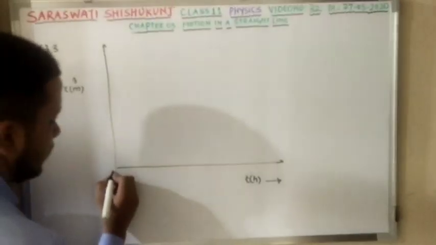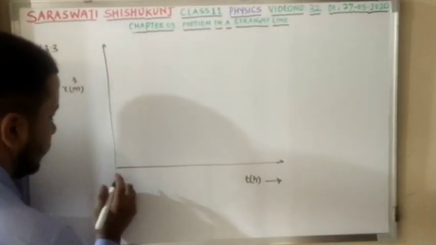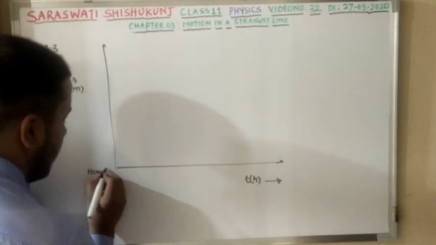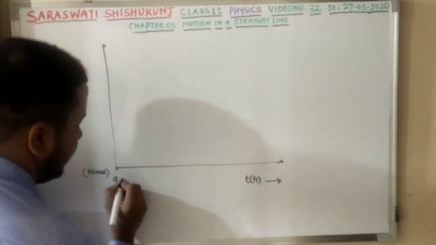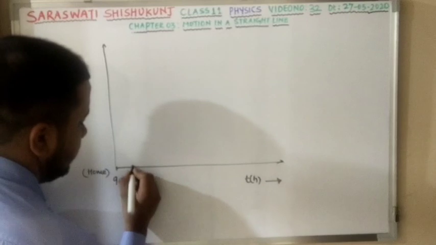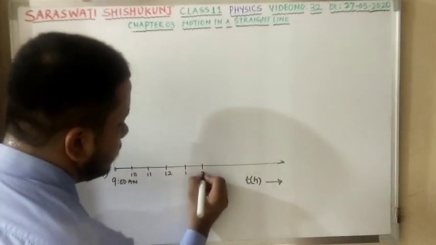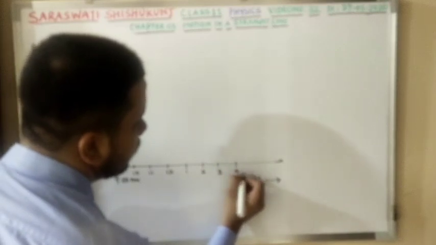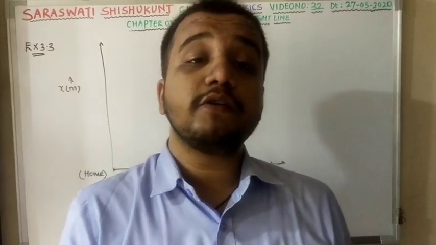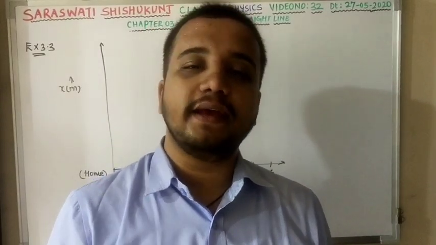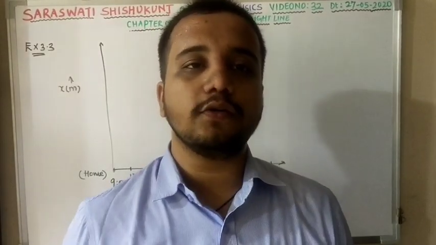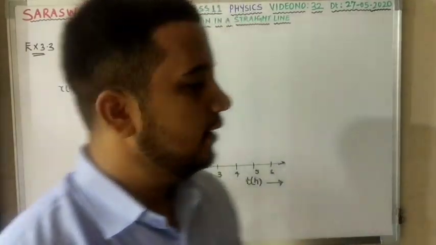We'll consider this to be home, and the timing will start at 9 a.m. Then 10, 11, 12, 1, 2, 3, 4, 5 and 6. Why have I taken the upper boundary to be 6? Because she started her journey at 9 and ended at 5:06, so I have to take till 6 hours. Distance 1, 2, 3.